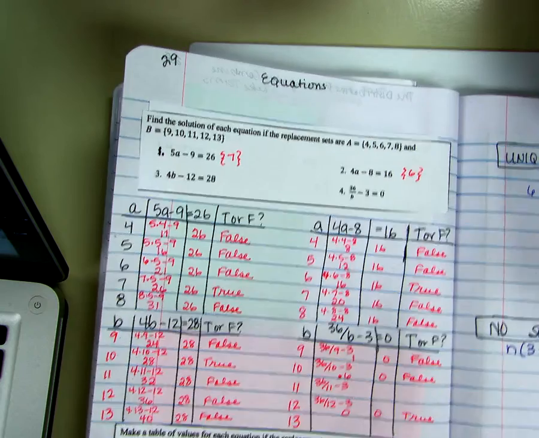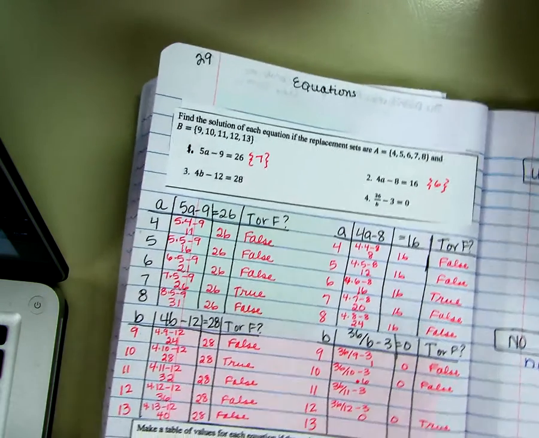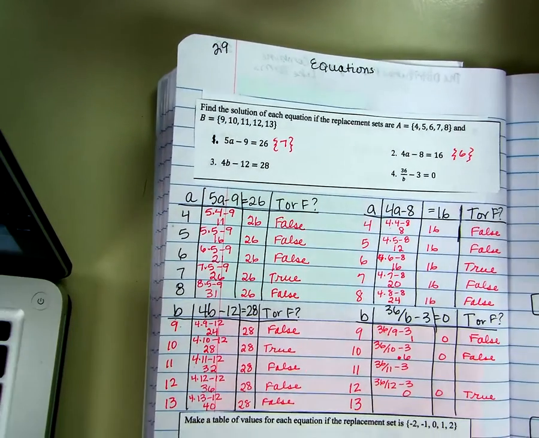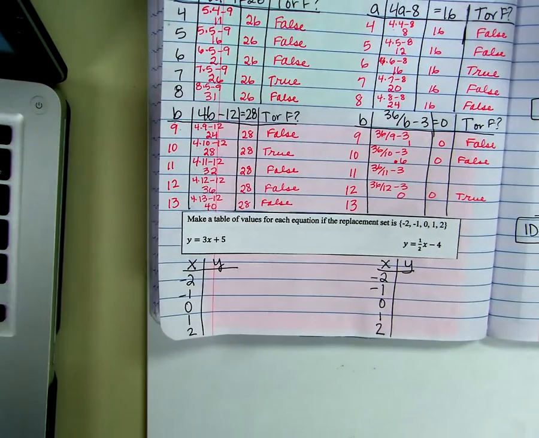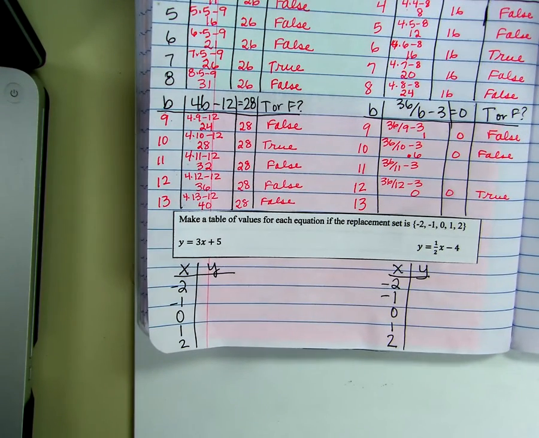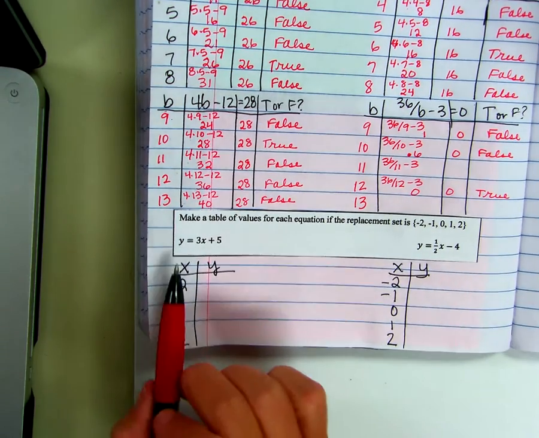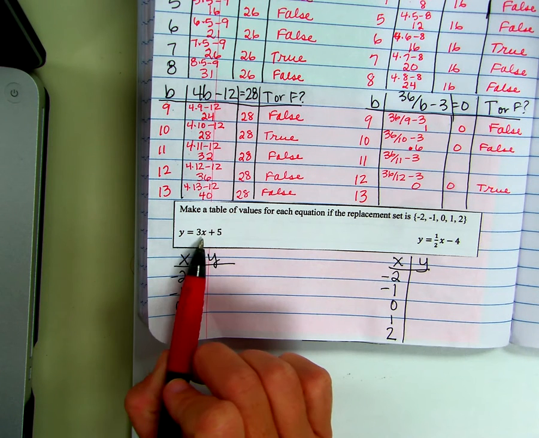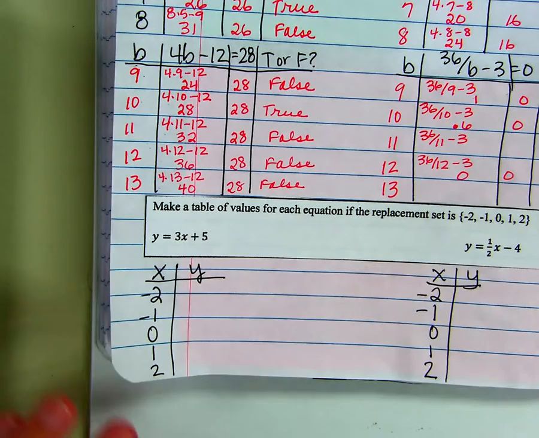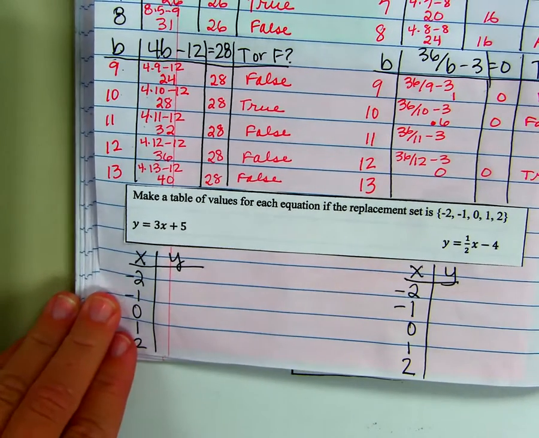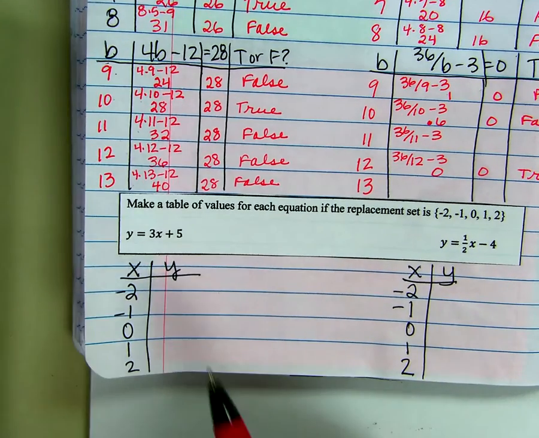Another way to make a table of values, down below here, given an equation, I have a replacement set. I have two variables in my equation. I have y is equal to 3x plus 5. And I've been given a replacement set of -2, -1, 0, 1, 2.